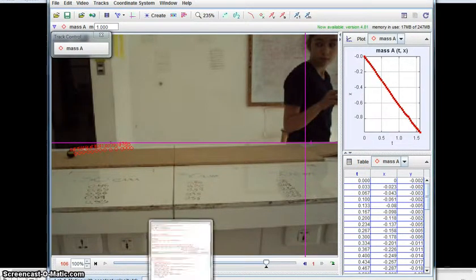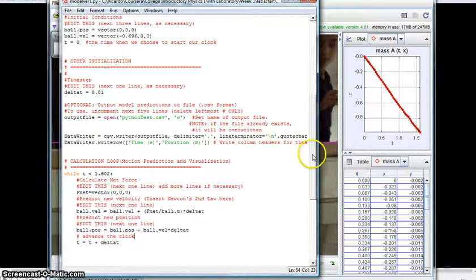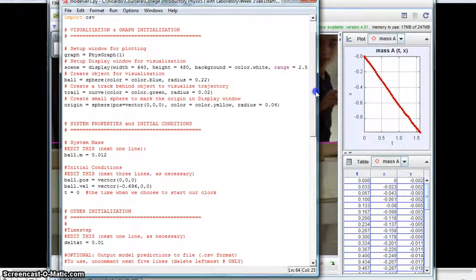With this initial velocity, I went to Easy Java Simulations, where I put the information for the initial velocity, which is obviously negative because it's moving to the left. Then the initial position, which is 0 in this case.